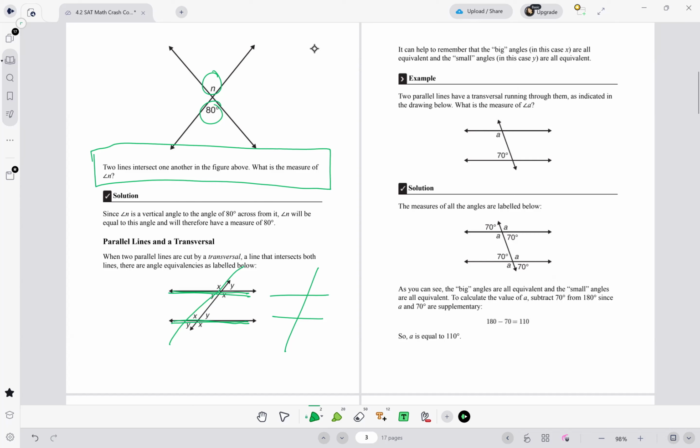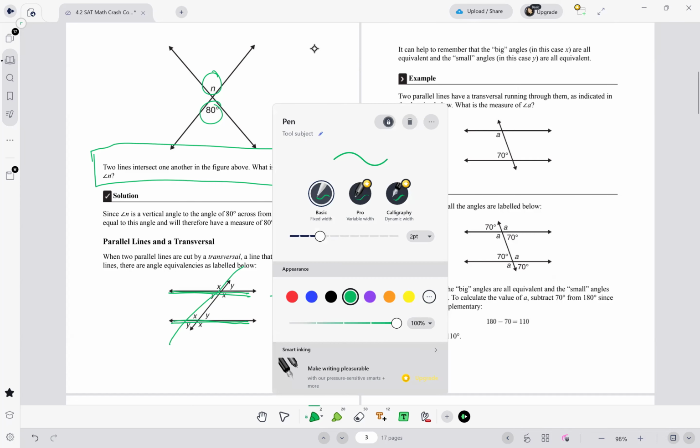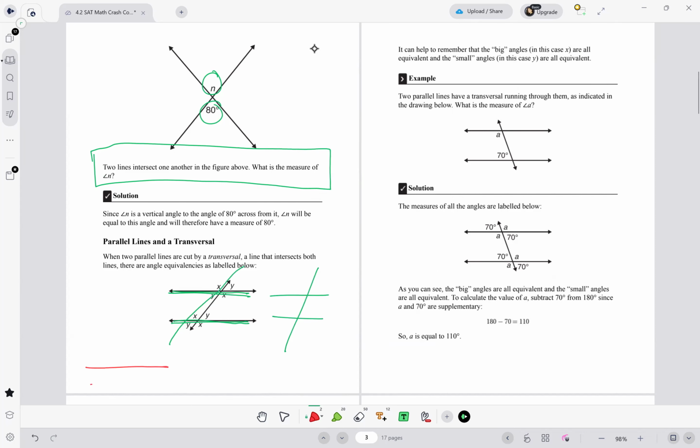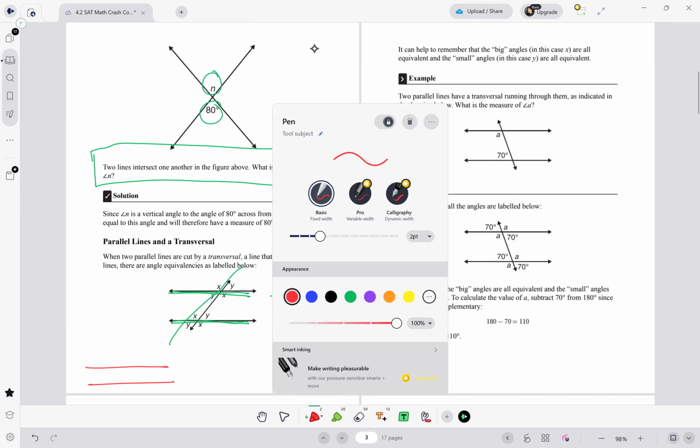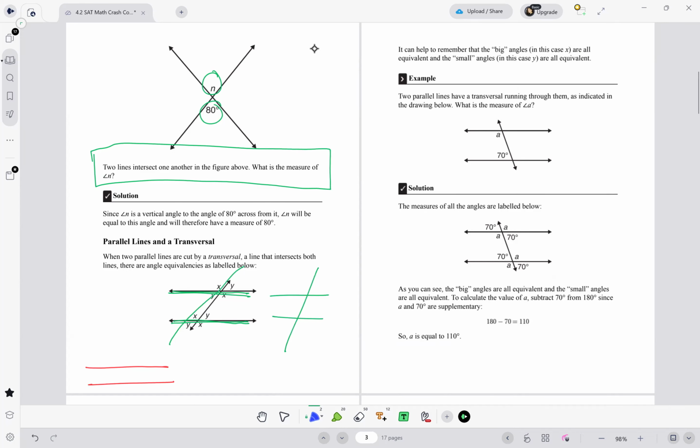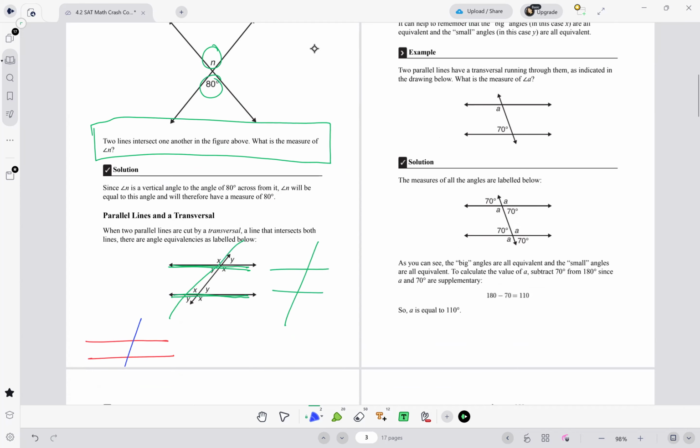If I add some color, consider that these two lines are being cut by this blue line. The blue line is called the transversal.